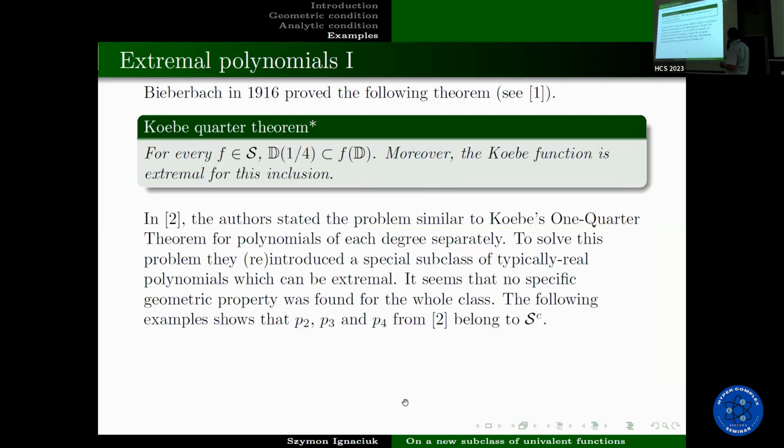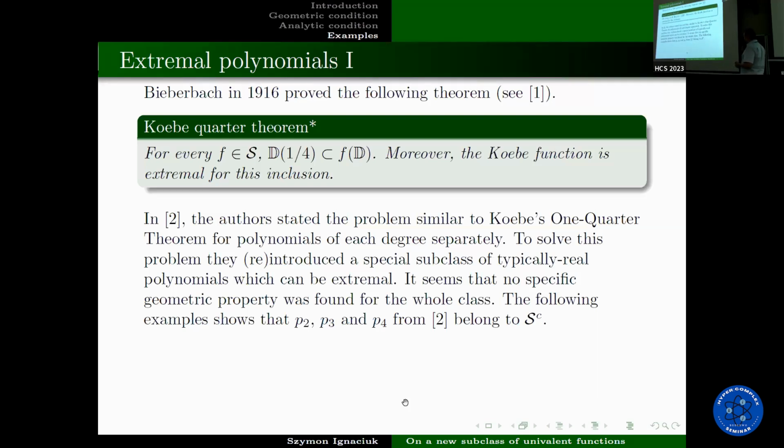One such example is the Koebe one-quarter theorem, where for every univalent function f, the disk D of radius 1/4 is a subset of the image of the unit disk through every univalent function f. And moreover, the Koebe function is the extremal for this inclusion.